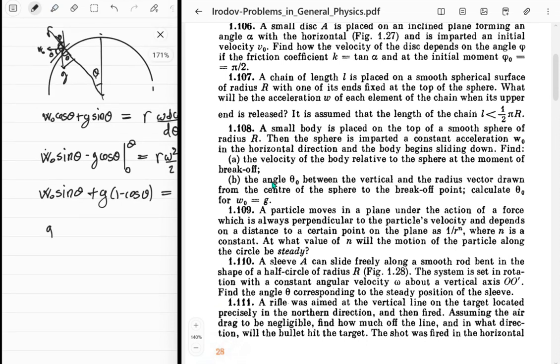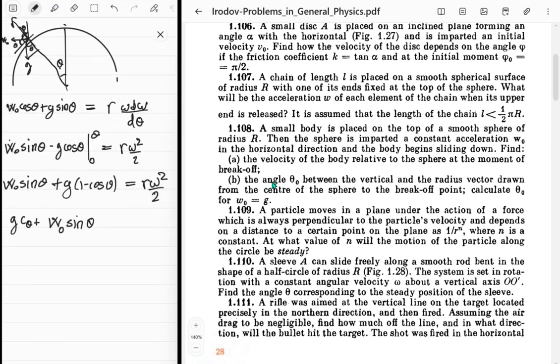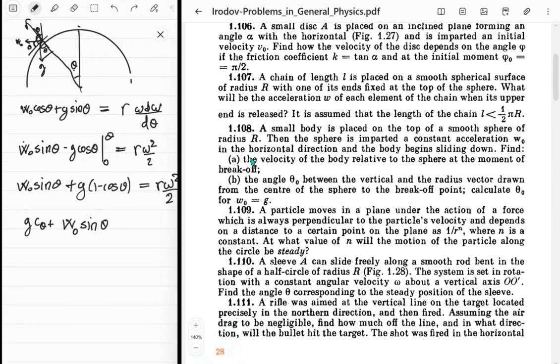So what you have is g cosine theta critical, and then plus g. Wait a second. You got omega naught sine theta over here. Why did they use omega naught? I don't know. Fine, and sorry, it should be minus.